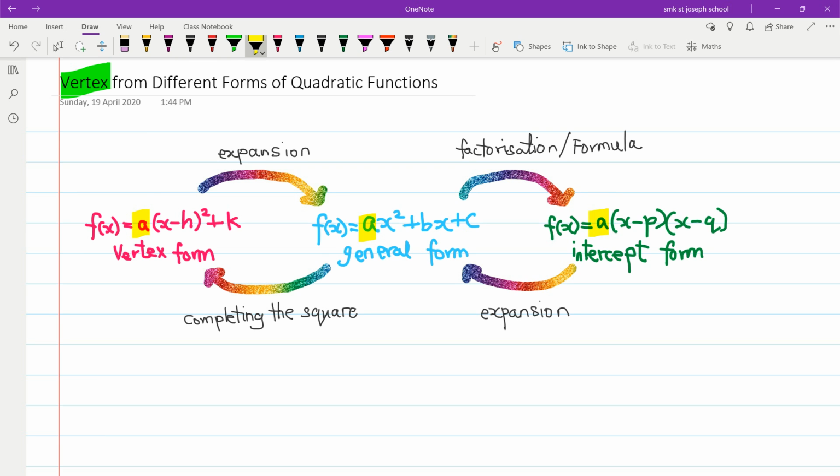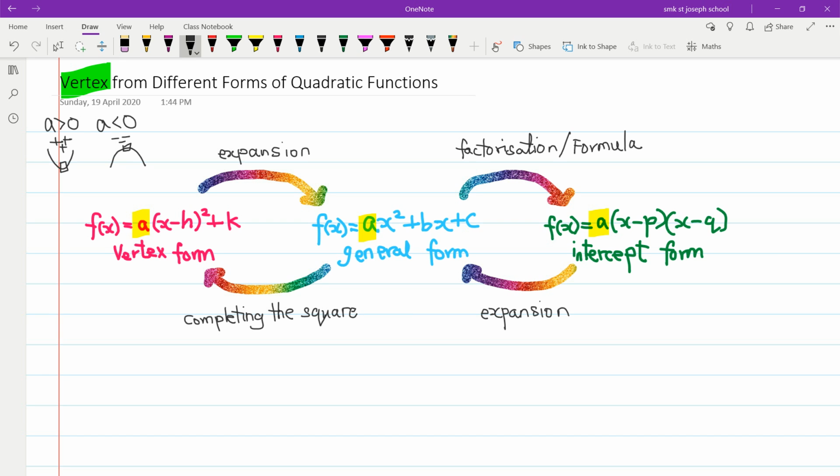If the value of a is greater than 0, so positive, we expect the vertex to be a minimum point. And if a is less than 0, meaning negative, we expect our vertex to be a maximum point. All right, so let's continue.